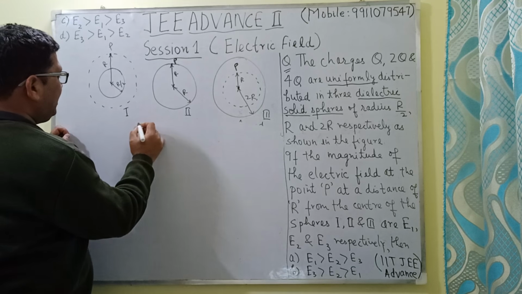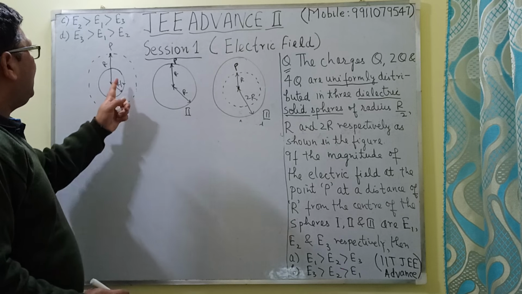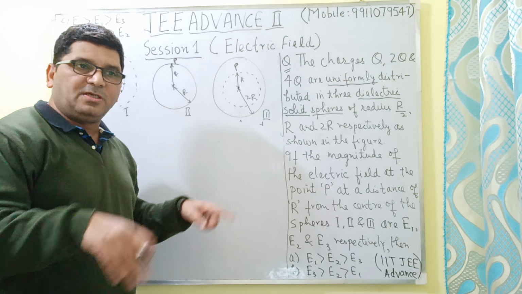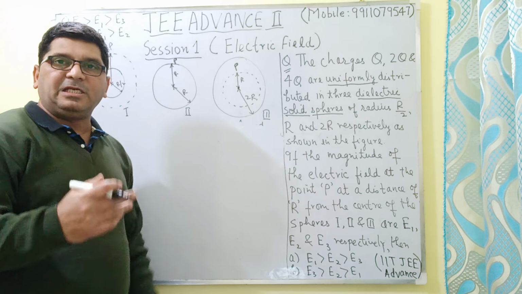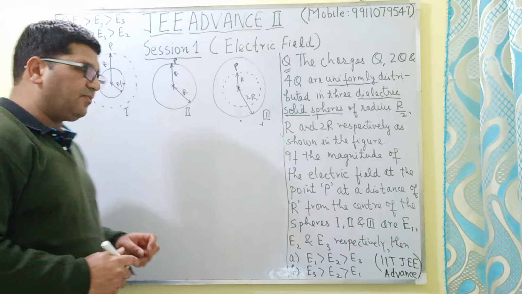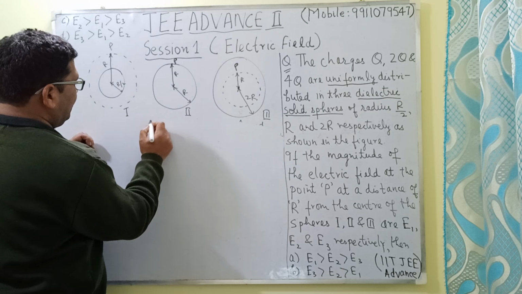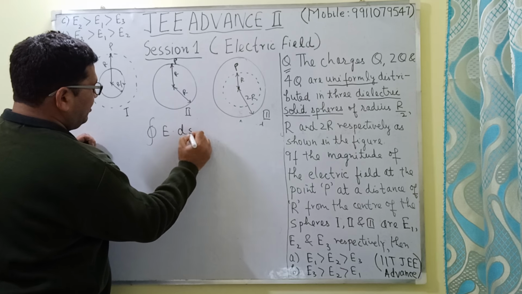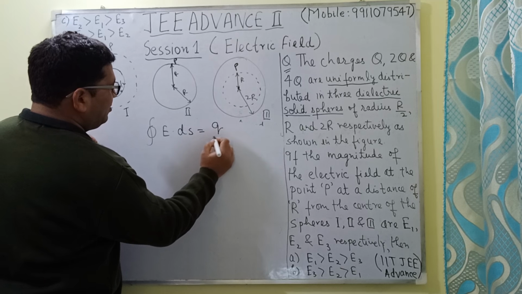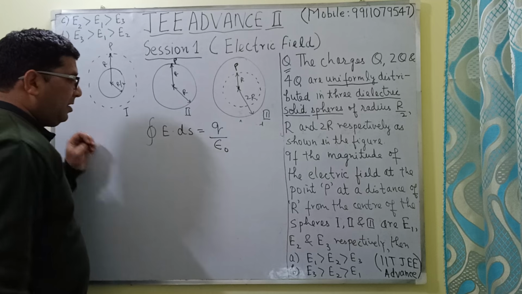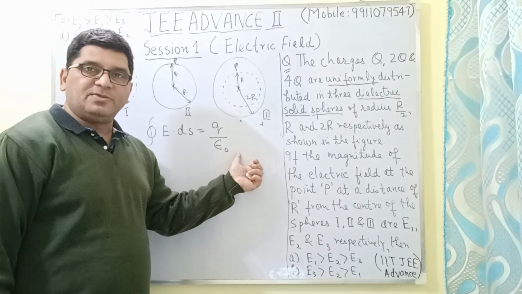Now, as per the Gauss law, the net electric flux from a closed surface is directly proportional to the charge which is enclosed within the surface, and it is given by ∮E·dS, which is equal to Q divided by epsilon naught, where epsilon naught is the permittivity of free space.